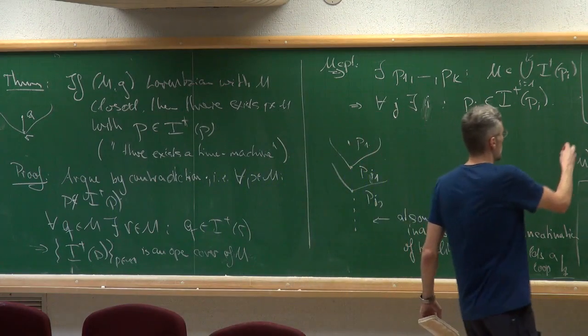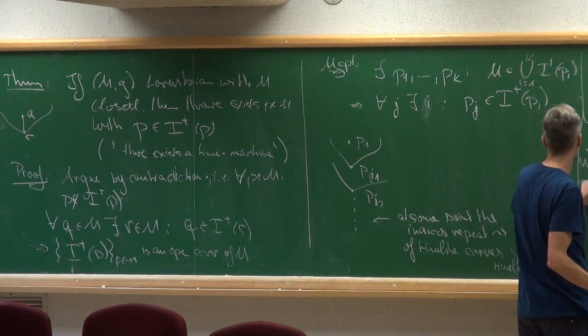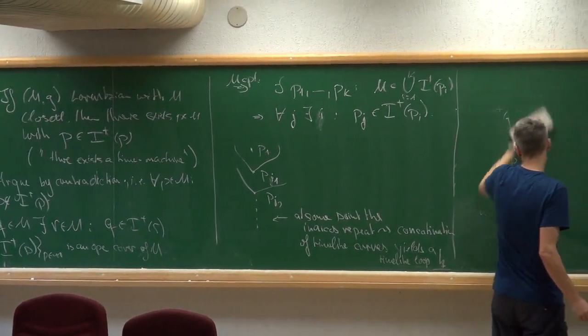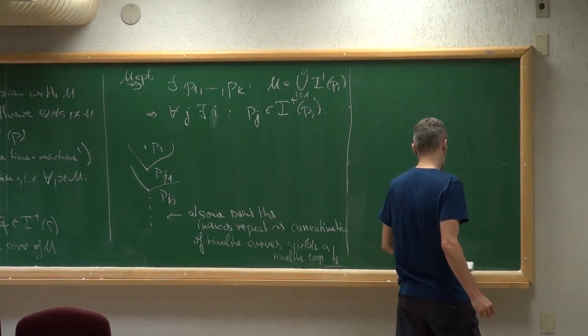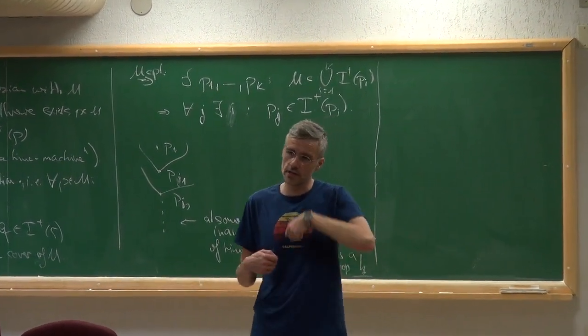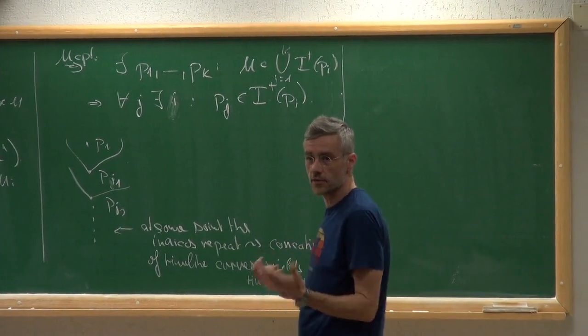Spacetimes or Lorentzian manifolds with this property are called not chronological because there is no well-defined clock on this. If you have a clock and it starts ticking, it comes back to itself.